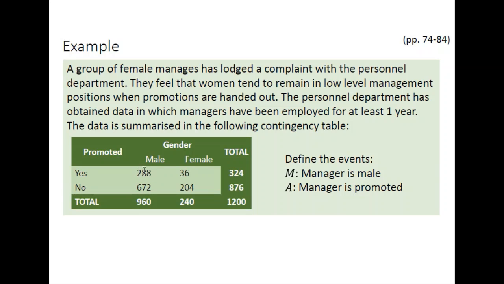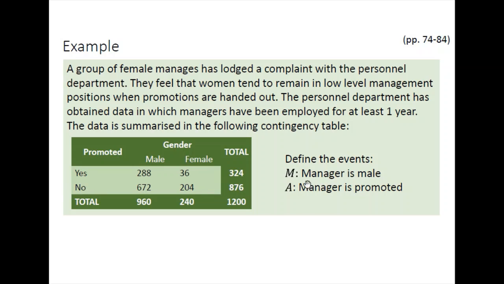And here inside the table we have 288 male managers who got promotion, 672 male managers who didn't get promotion, 36 female managers who got promotion, and 204 female managers who didn't get a promotion.